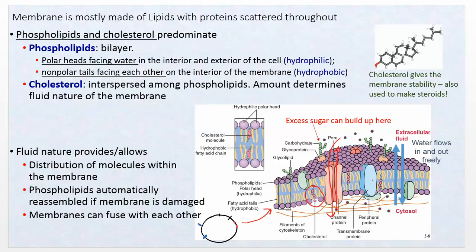Here's a peripheral protein on the periphery, and this is an integral protein that's moving through. So lots of different proteins, and these guys are all doing something. They're not just there to make it look nice. This peripheral protein down here might be an enzyme, and it might be breaking things down. Cyclic AMP is one example of that, if you've ever heard of that.